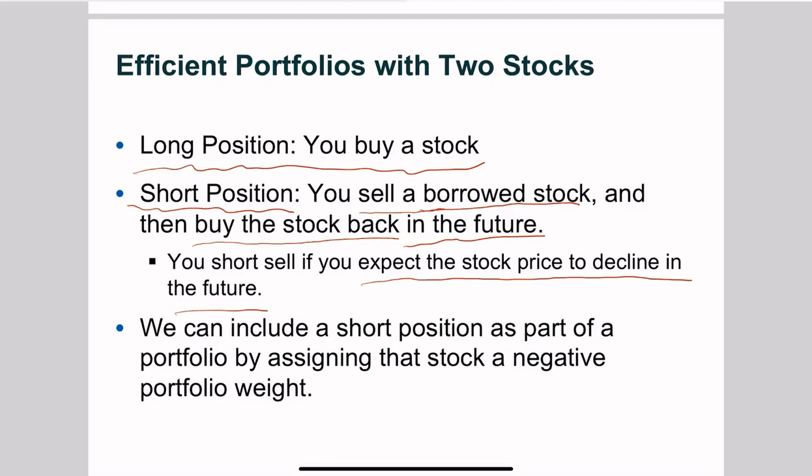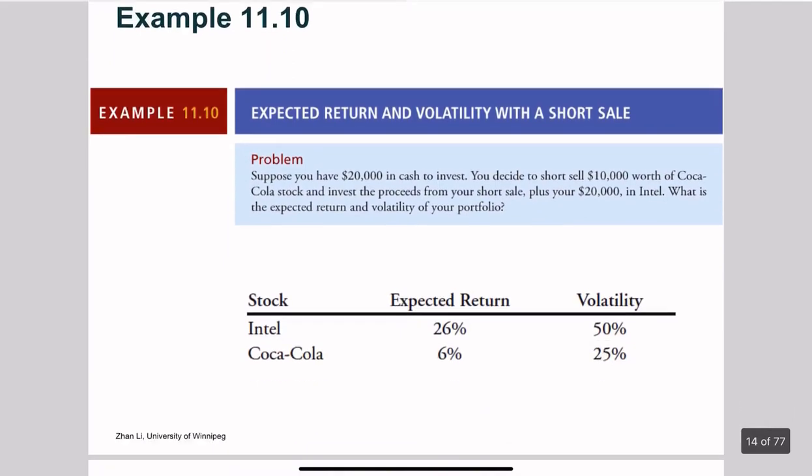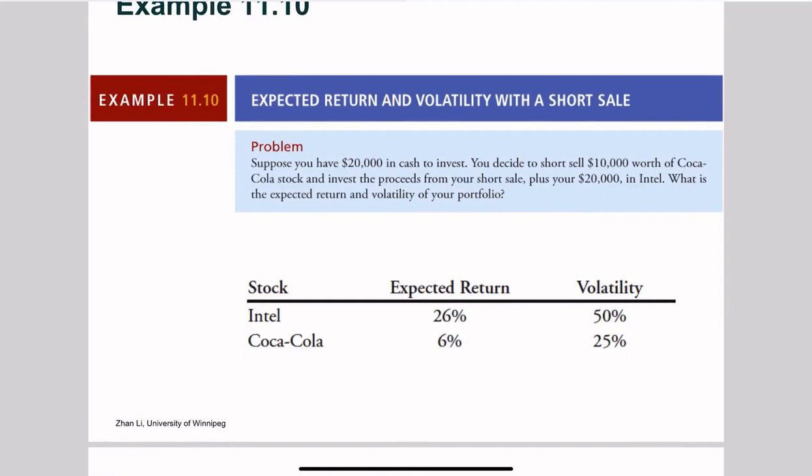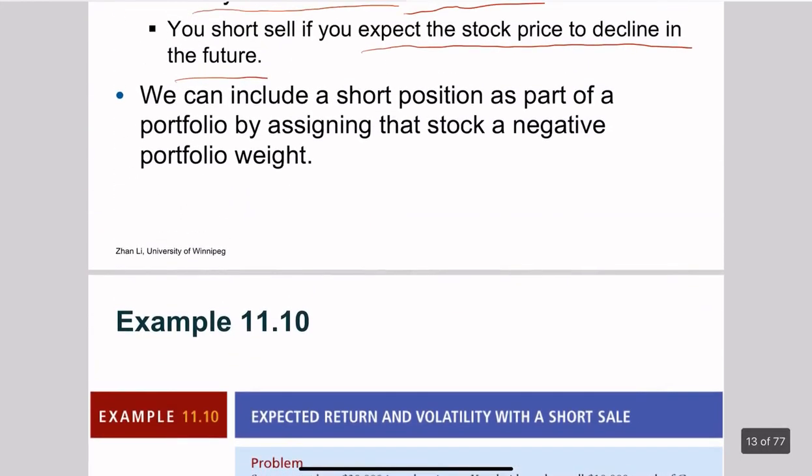Now, let's examine how the curve will change if we allow for short sell. Obviously, before examining the picture, we will have to go through this example here. So basically, if you're short selling a stock, you will have to think about your portfolio weight. If you're taking a long position, portfolio weight is positive.